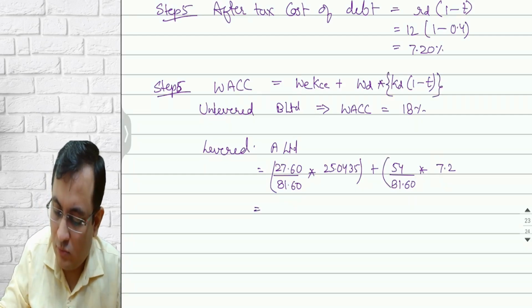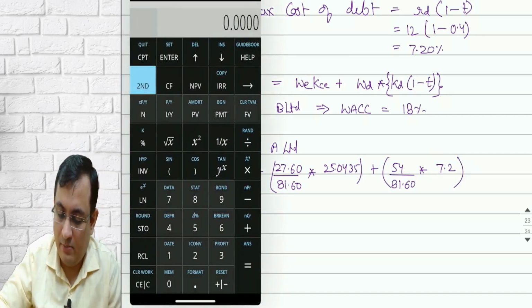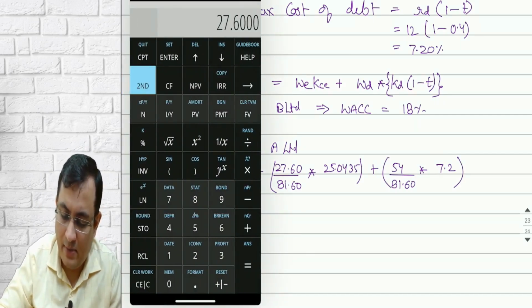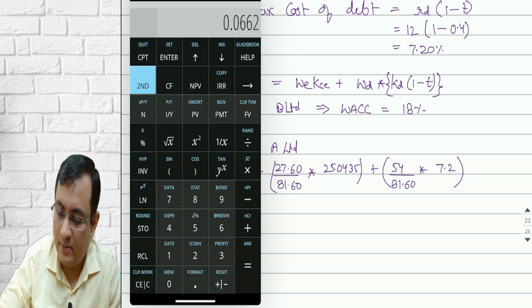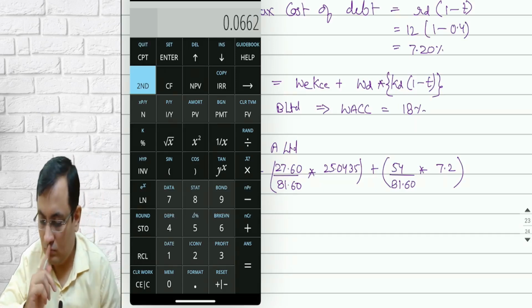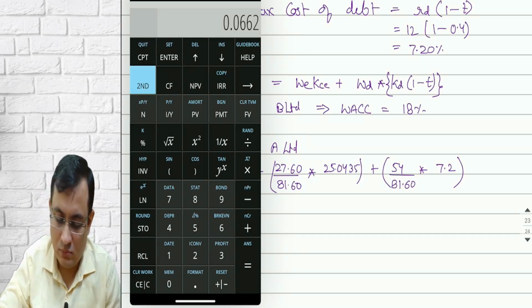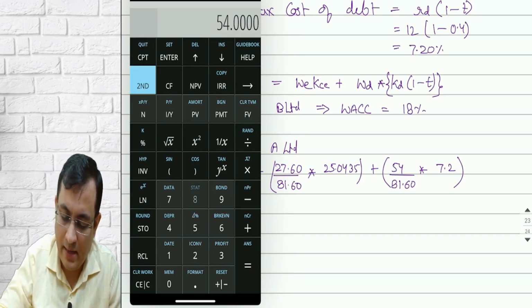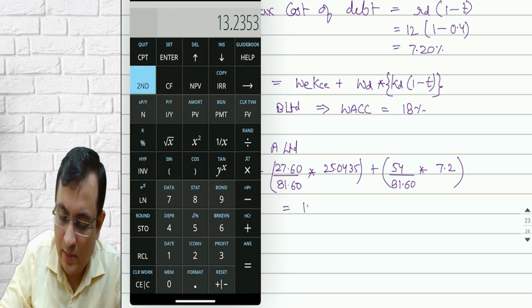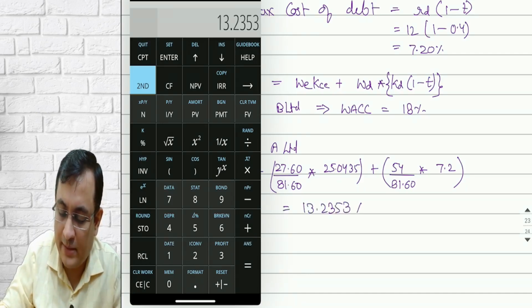Let's calculate the numbers. 27.6 divided by 81.6 multiplied by 25.0435, plus 54 divided by 81.6 multiplied by 7.2, is equal to 13.2353%.